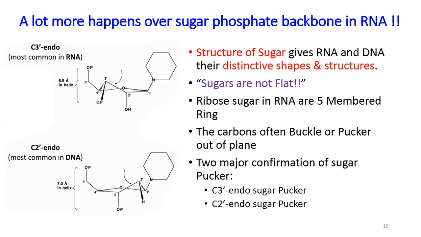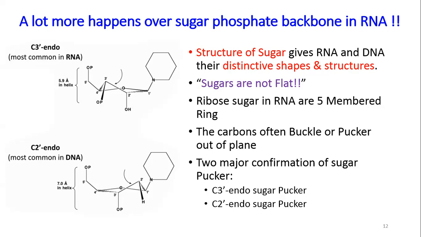It is the structure of your sugar that gives DNA and RNA their distinctive shapes and structures. So the bases are not the only thing that makes your RNA molecule so special. A lot more happens on the sugar and phosphate backbone in RNA as well.